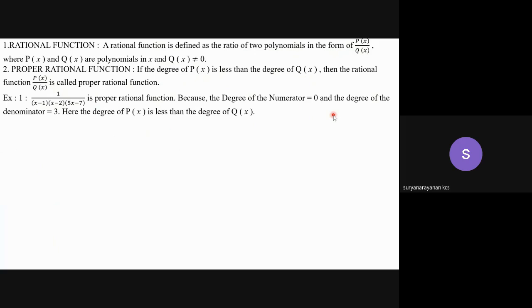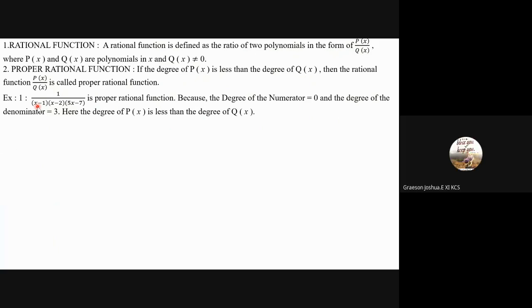And for the degree of the denominator, which is a product of three linear factors, in the first bracket, what is the exponent of x here? Tell me, what is the exponent of x here?